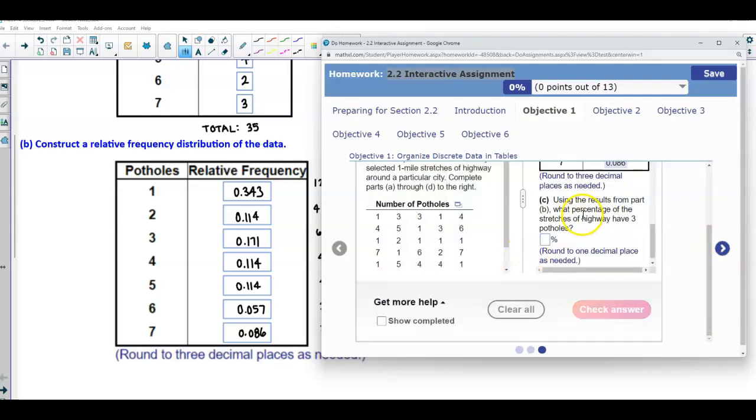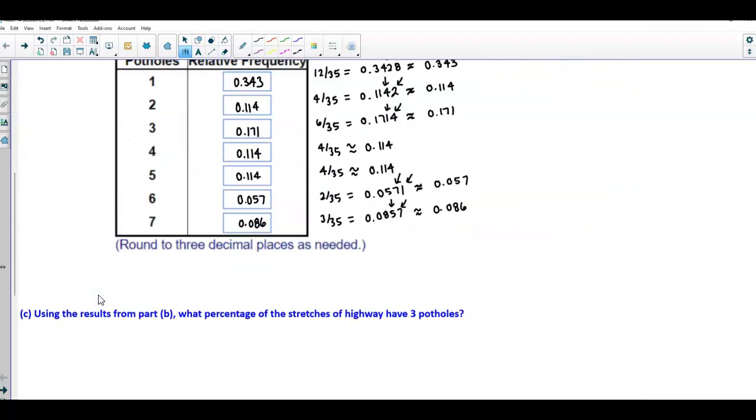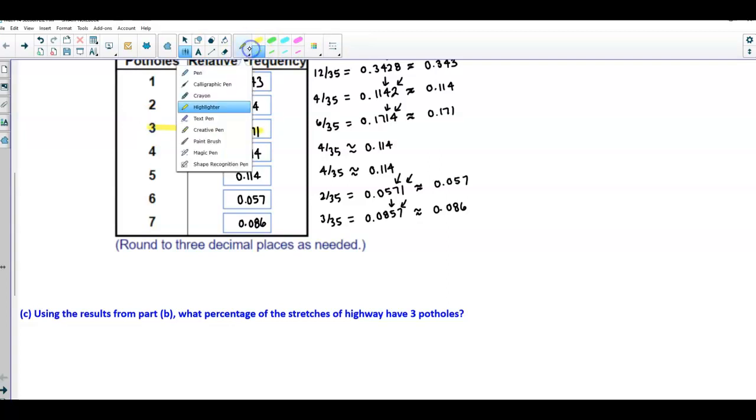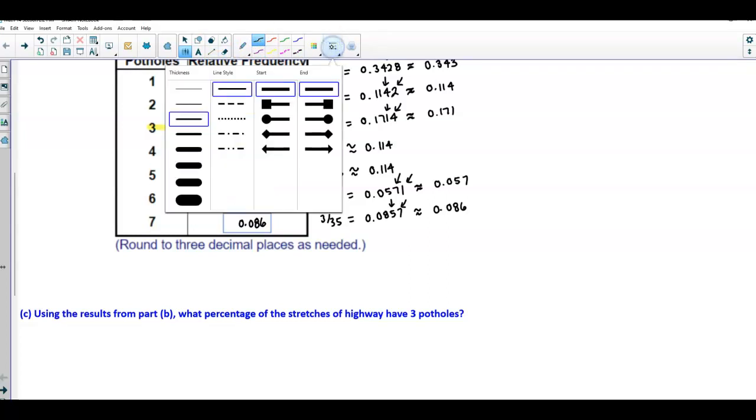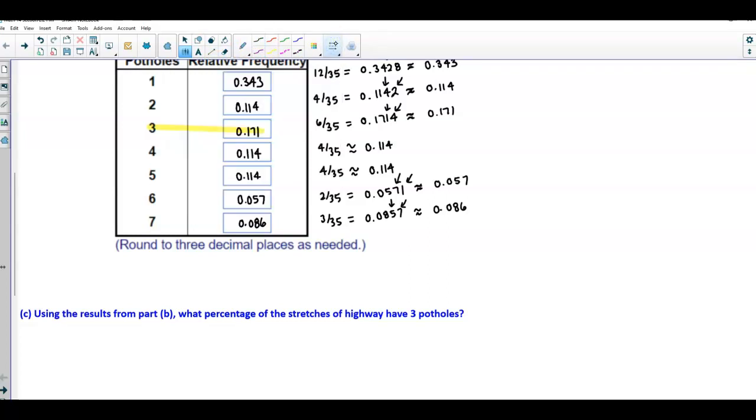The next question says, using the results from part B, what percentage of the stretches of highway have 3 potholes? We're going to round to 1 decimal place as needed. So we see that for 3, the decimal is 0.171.